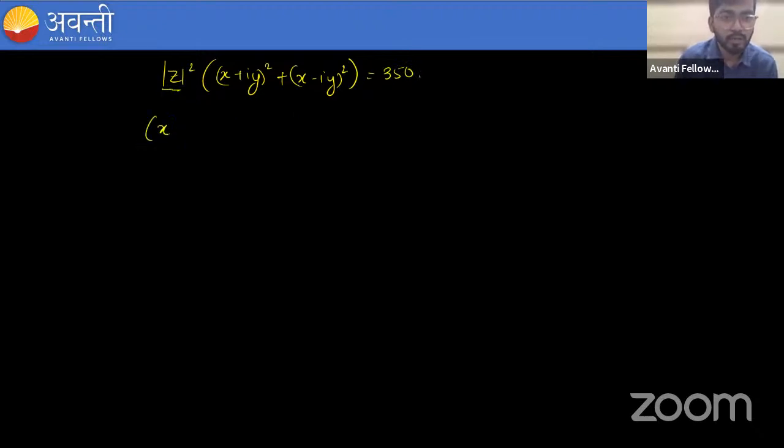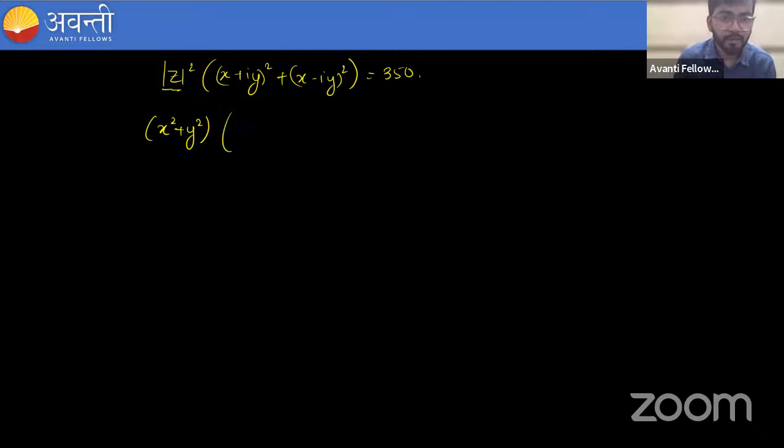So that will become, I'm writing it again, x plus iy whole square plus x minus iy whole square is equal to 350. Now mod of z square we already know is equal to x square plus y square.